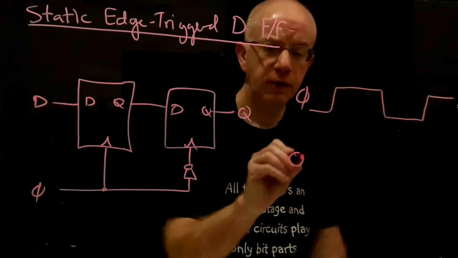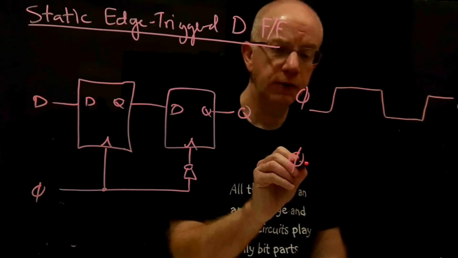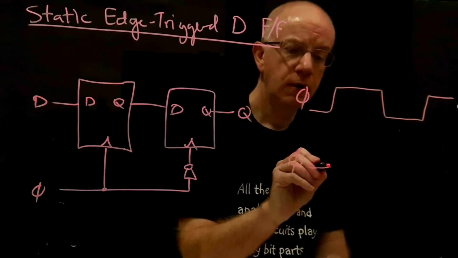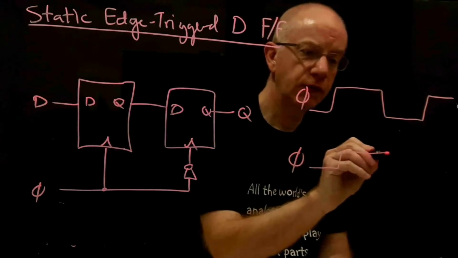And let's imagine that that inverter has some appreciable delay, and phi bar winds up being something like this.